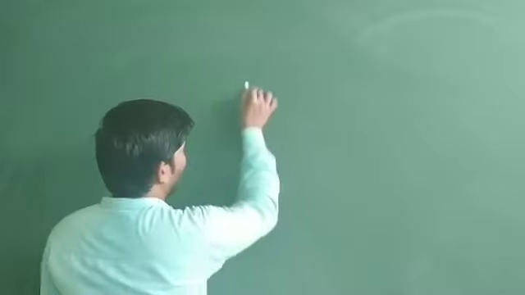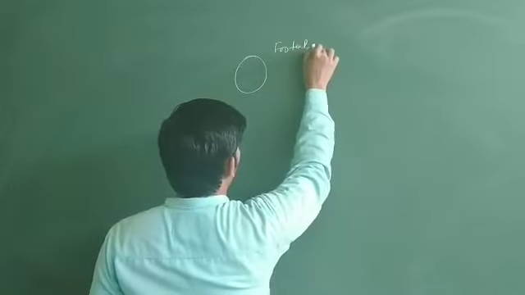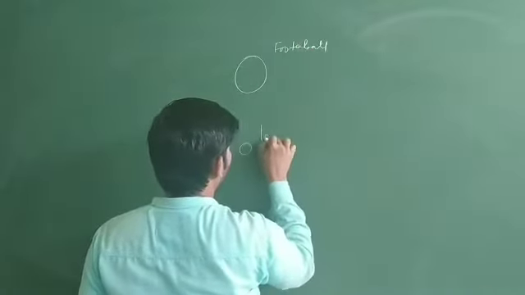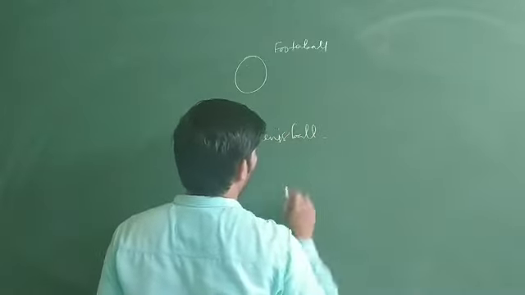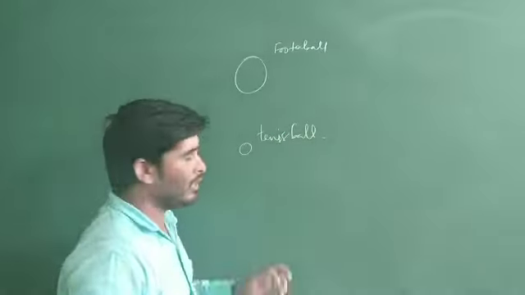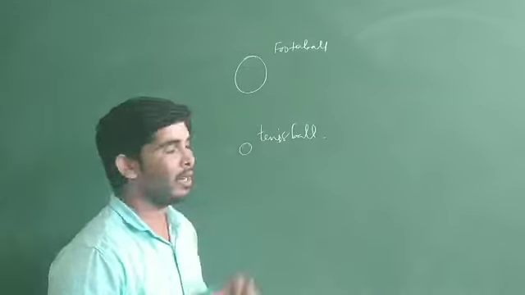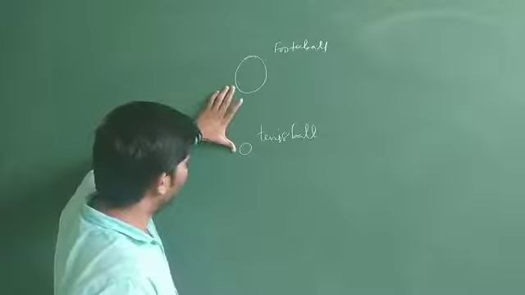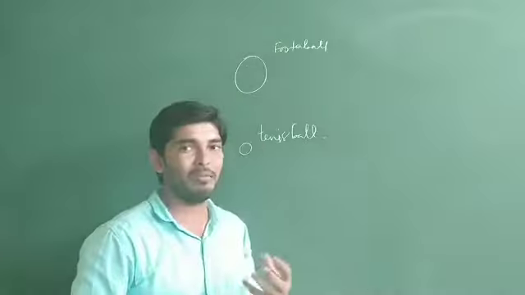Now consider one is a football and one more is a tennis ball. You are going to produce the same change in velocity in these two bodies, but by their size we can tell that these two bodies have different masses.